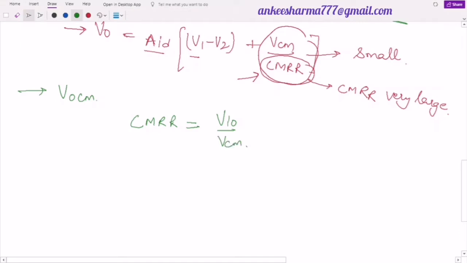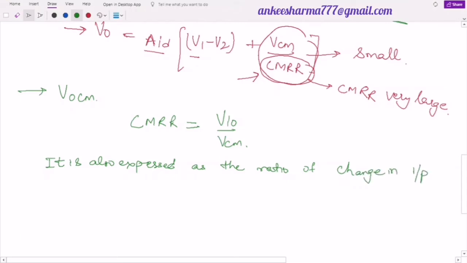You can write here that it is also expressed as the ratio of change in input offset voltage to the total change in common mode voltage.